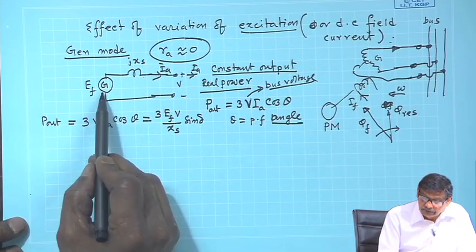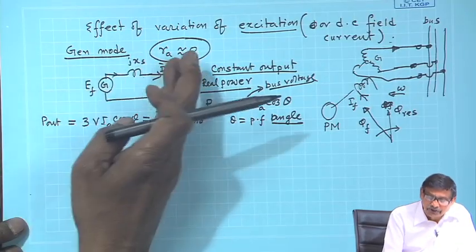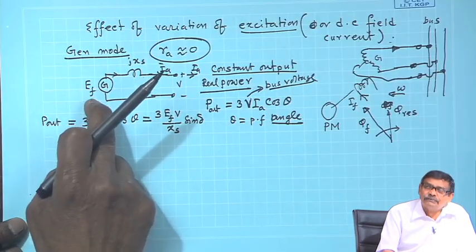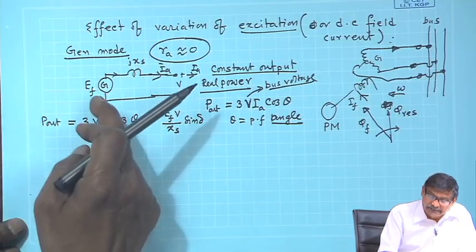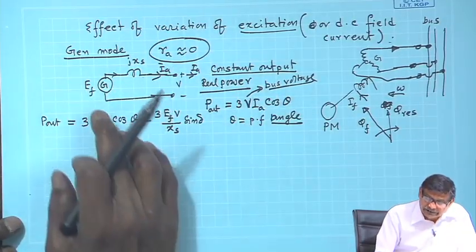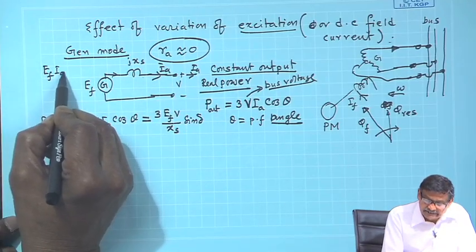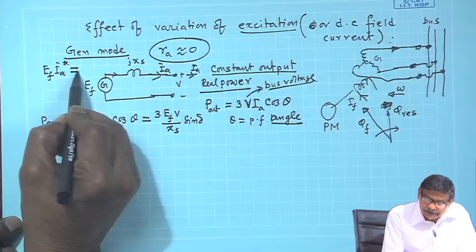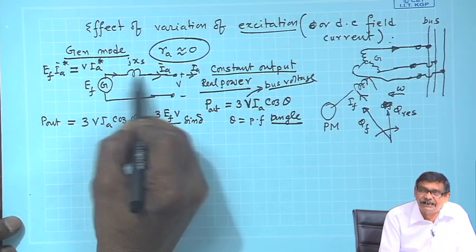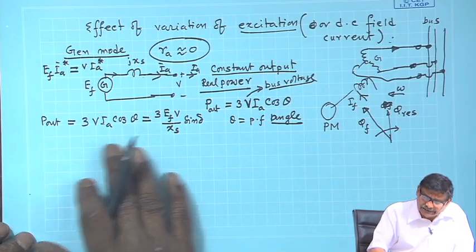That is, if you calculate E f I A star, it will give you the total power output looking from the excitation, I mean the EMF induced in the generator side. E f I A star must be equal to V I A star. Why not? Because there is no power loss here. It is a good exercise, you can easily show this, but nonetheless this is true.